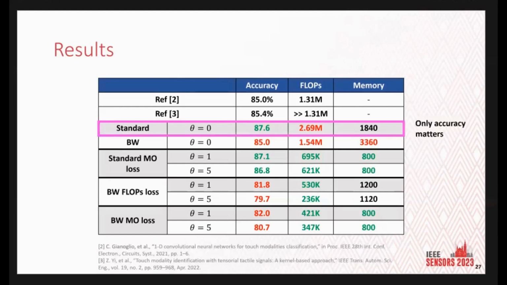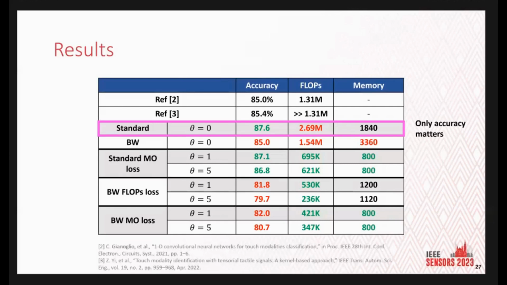First results. In this table, I didn't put the results concerning the full binary network because it didn't achieve very good results in terms of accuracy, and for the computational cost it didn't prove any advantage with respect, for example, to the binary weights, where we clearly see that the computational cost is lower with respect to the standard network.